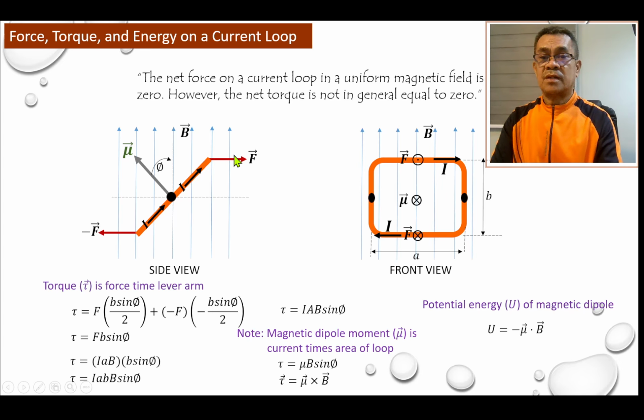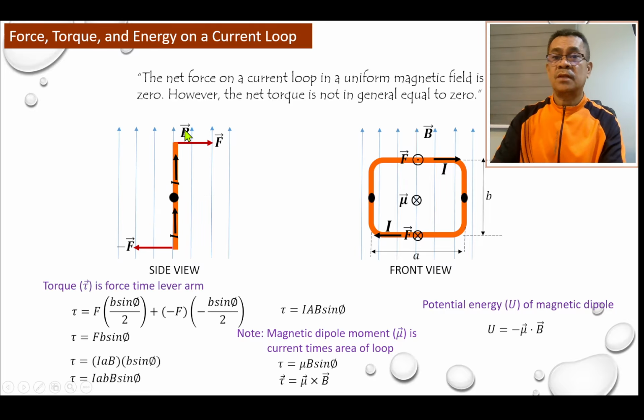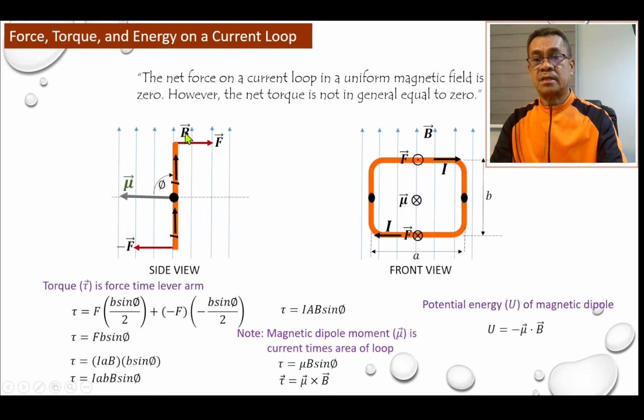So look at this one. We can analyze this using the dipole moment and the magnetic field. The formula says the torque is mu cross B, which means that mu will interact with the magnetic field. When we say interact, it forms a cross product.